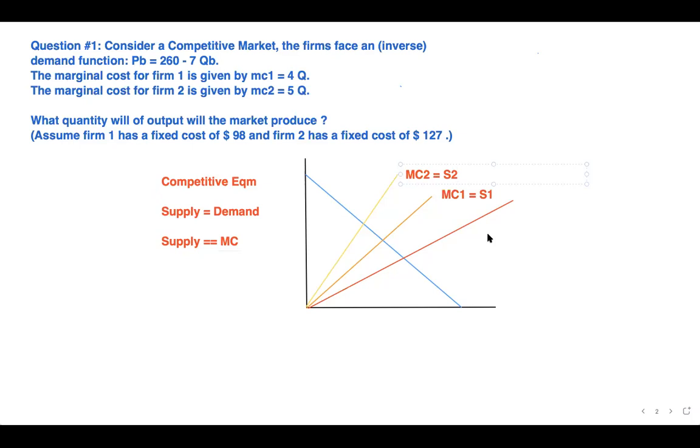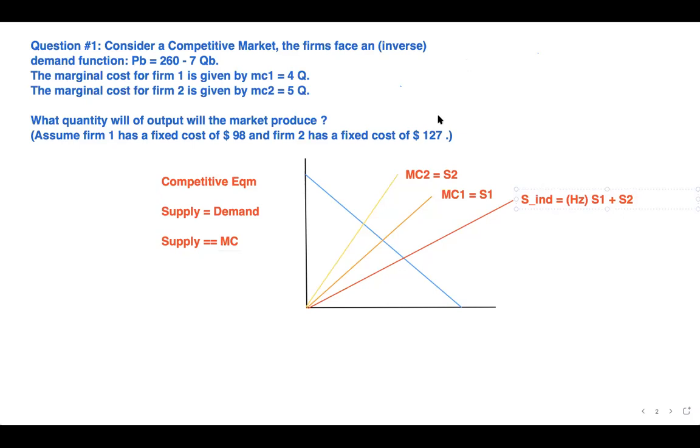But if you'd taken Francis's class, I know he would have told you this: the industry supply curve is just the horizontal sum of S1 plus S2, and you have to be a little careful with that.